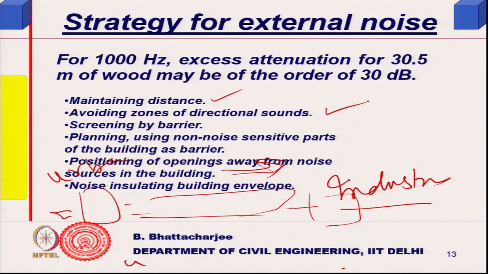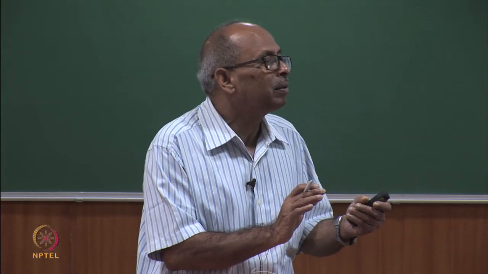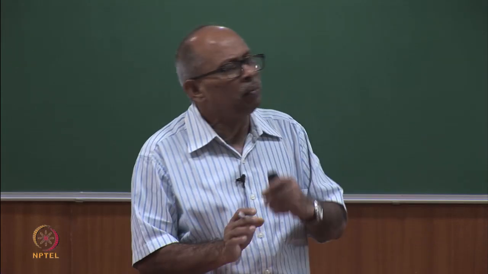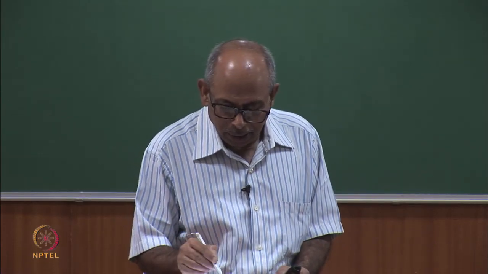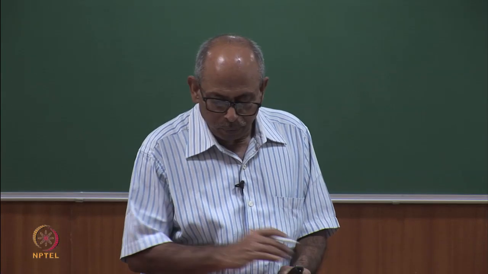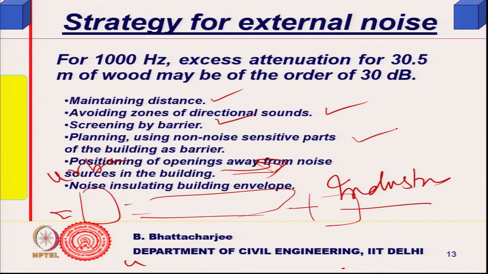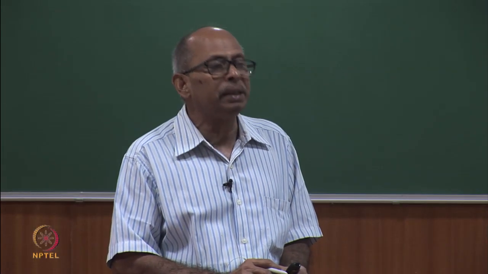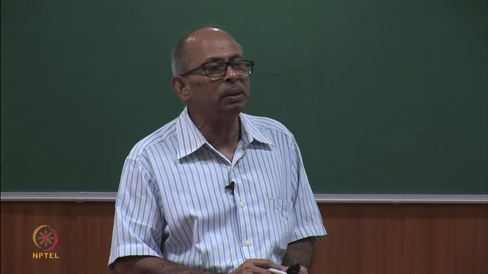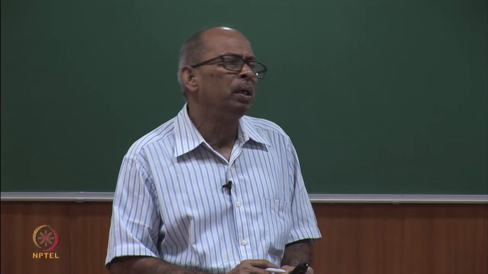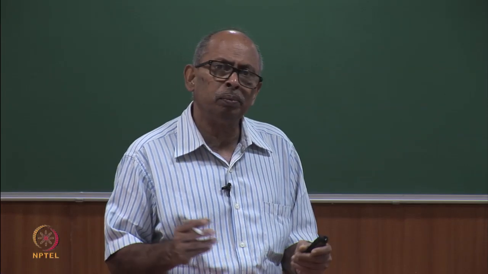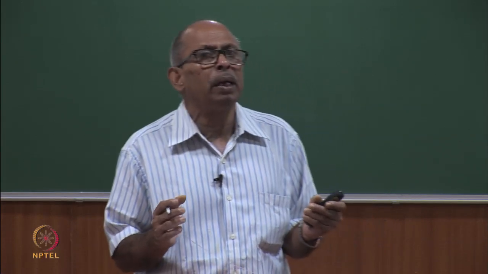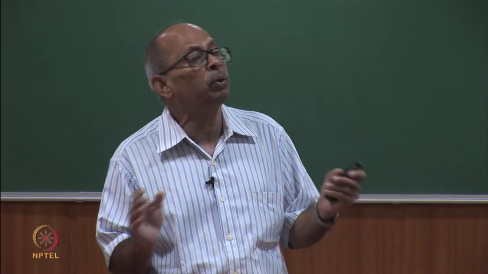Do not keep too many windows along the highway direction. Well, if you do, you have to have a barrier. You have all options possible. So this is another option: screening by barrier, and planning using non-noise-sensitive parts. Some spaces are not noise sensitive, for example washrooms, and some of them do not generate noise either.